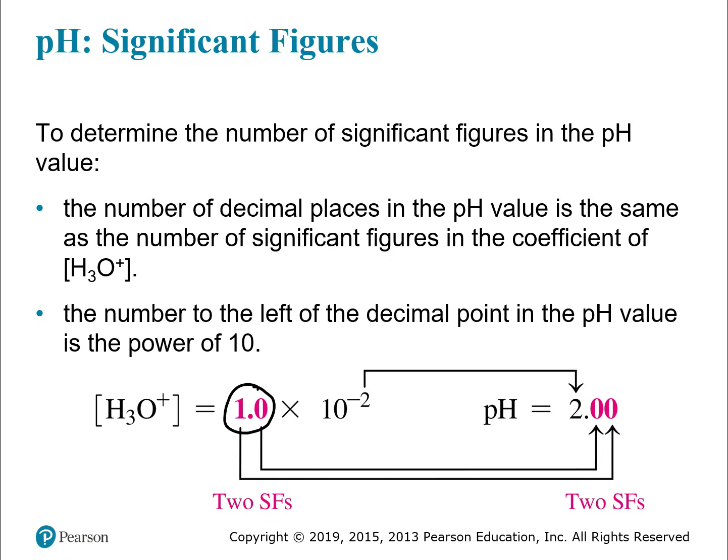What that translates to is we need to have 2 decimal places to have 2 sig figs. So that 2 that comes before the decimal place, that's not included in the sig figs.